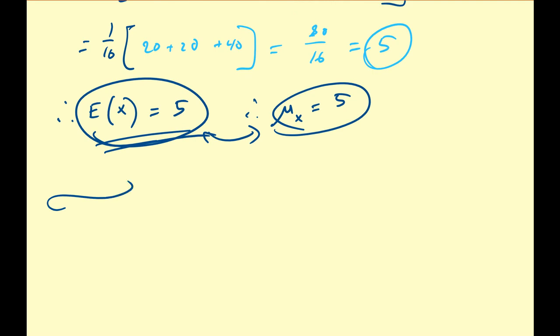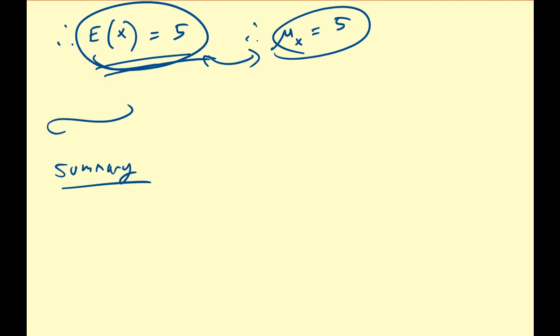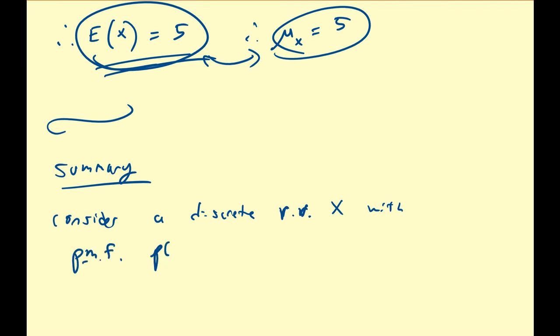So let's briefly summarize what we have discussed here. Consider a discrete random variable x with probability mass function p of x.